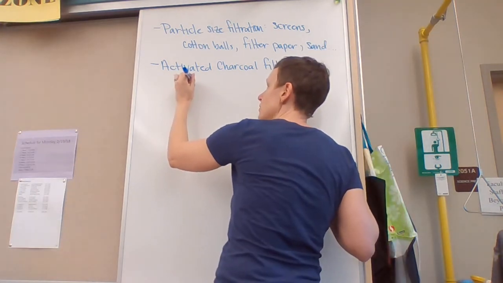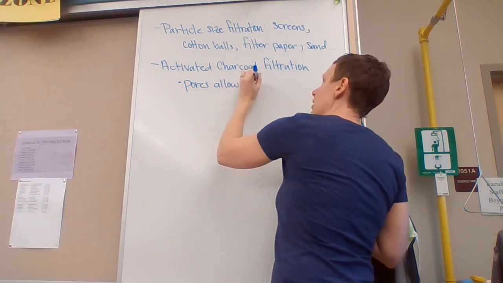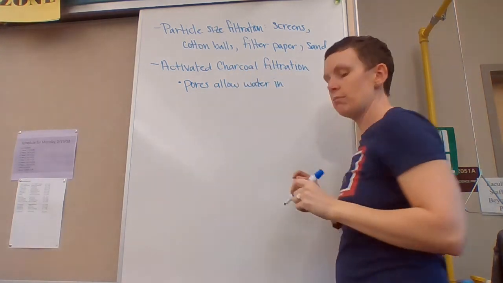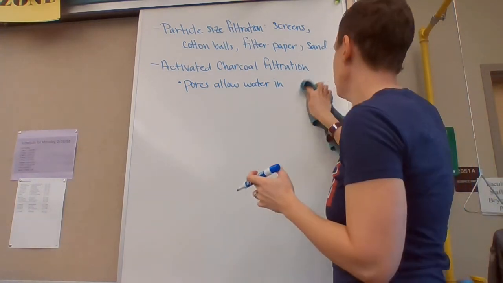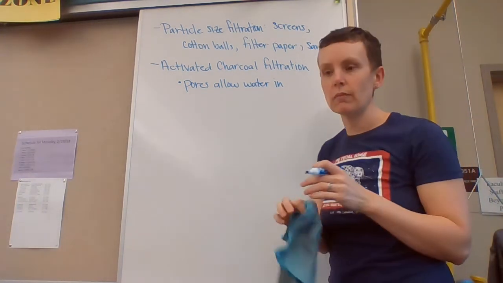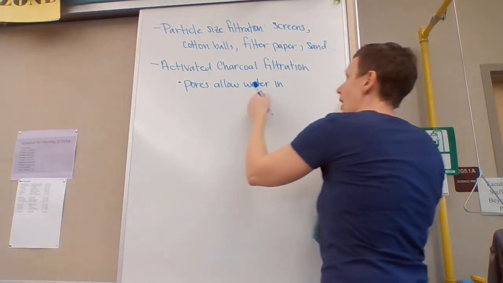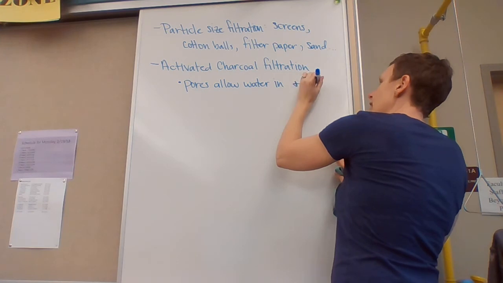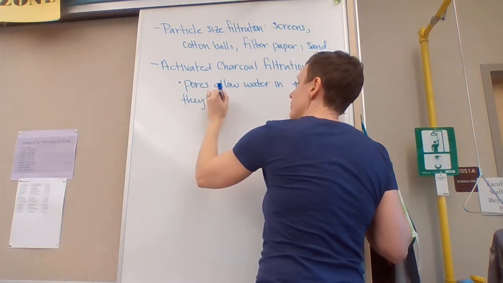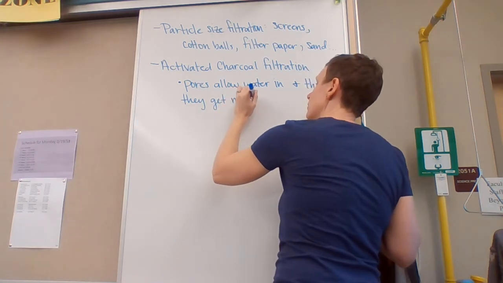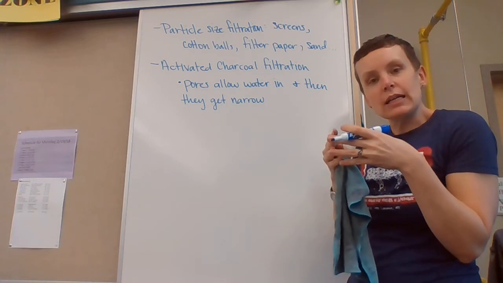The pores allow water in, like holes in a sponge. Then they get narrow, and that traps things based on size.